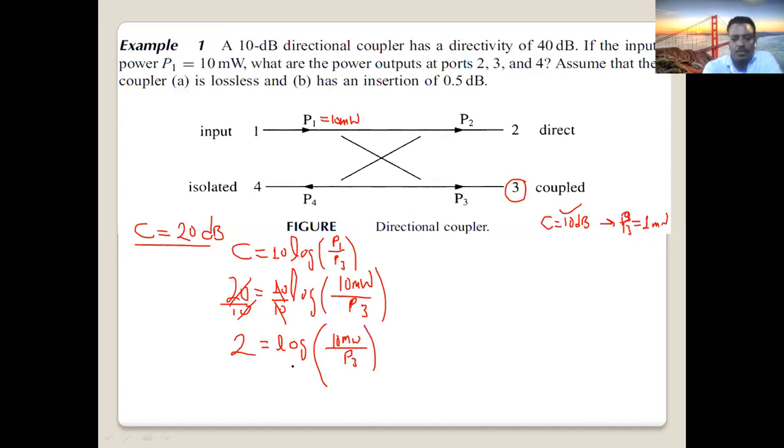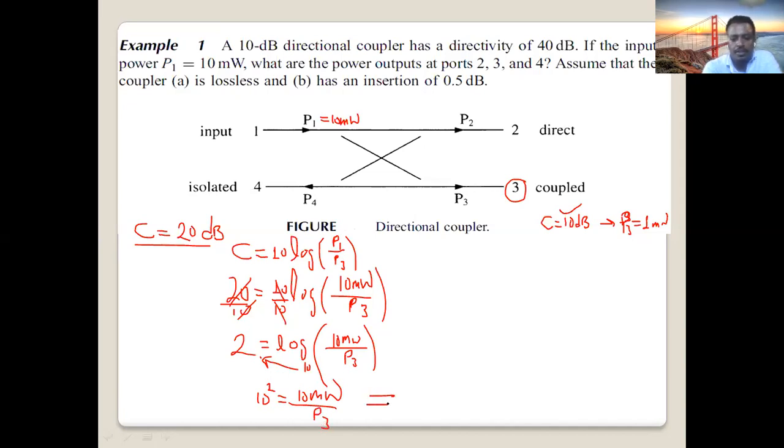Okay, so what is this logarithm? Base 10. So 10 to the power of 2, right? Is equal to this part. The logarithm will be removed. So 10 milliwatt, that's our input, divided by P3.